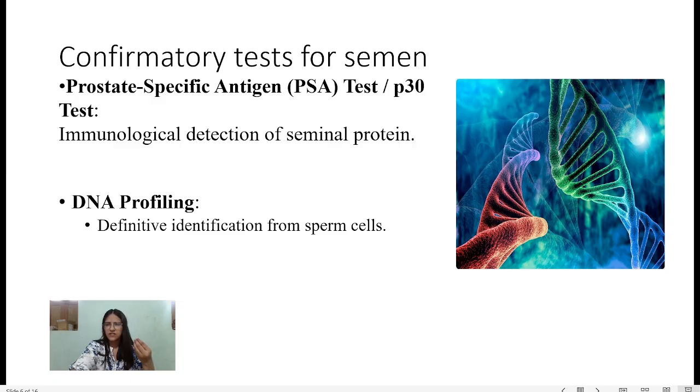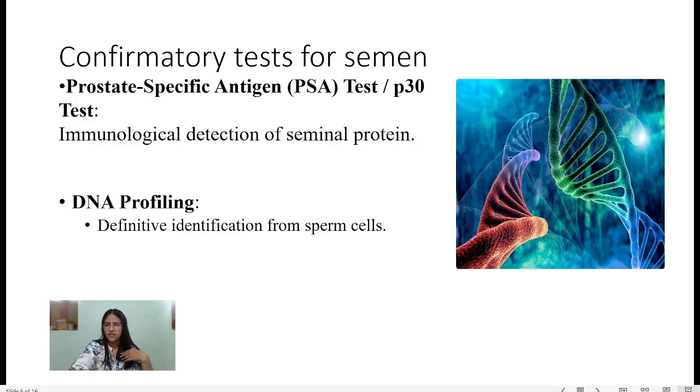What is the significance of this test in forensic serology? Actually, this is a strong confirmatory test even without sperm cells. Yes, some stains of semen might not contain the sperm cell, right? So even if sperm cells are not there, the semen itself can prove that it is of a male, right?